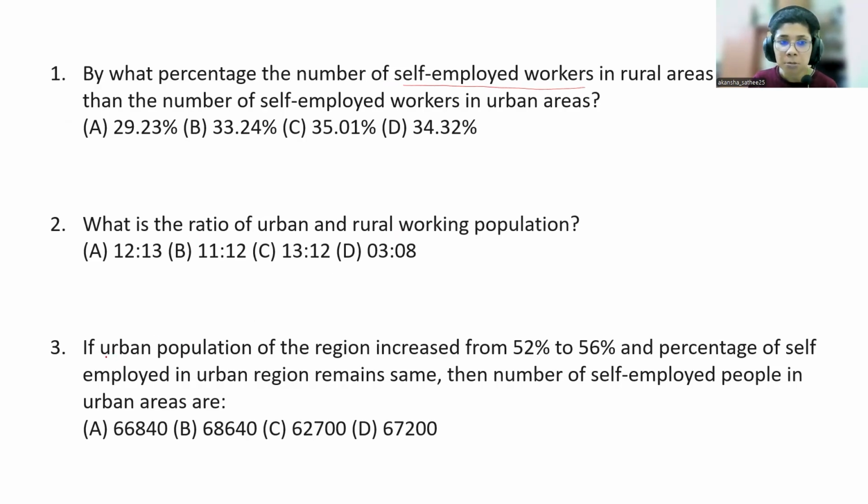Then the third problem: if the urban population of the region increased from 52% to 56%, and the percentage of self-employed in the urban region remains the same, then what is the number of self-employed people in urban areas?